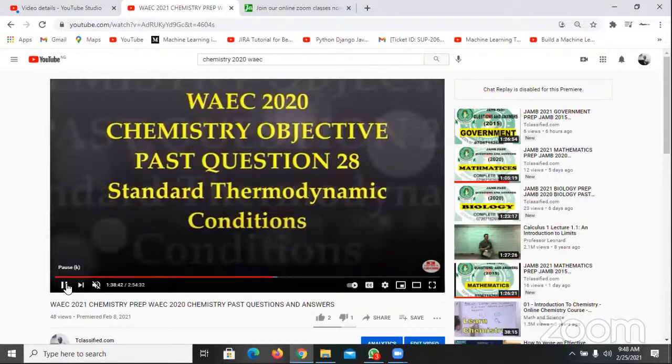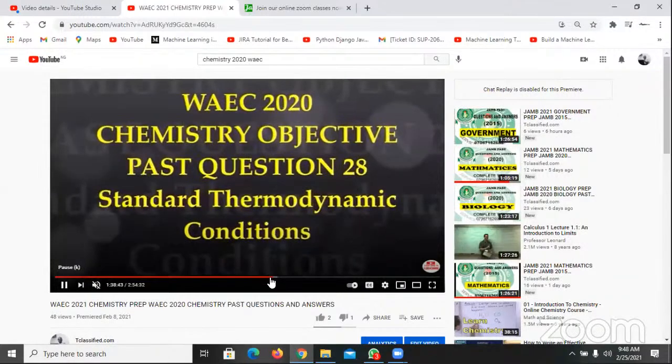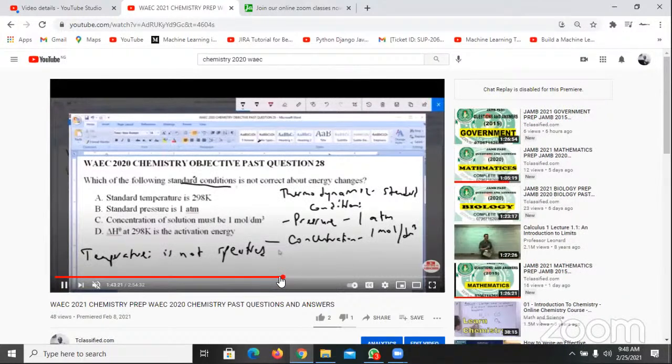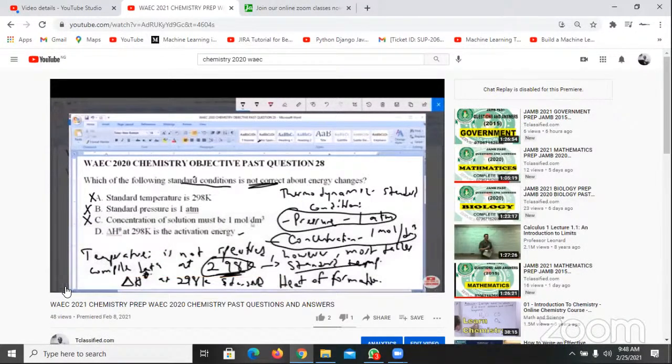C, concentration of solution must be 1 mole per kg. D, change in delta H at 298 Kelvin is the activation energy.